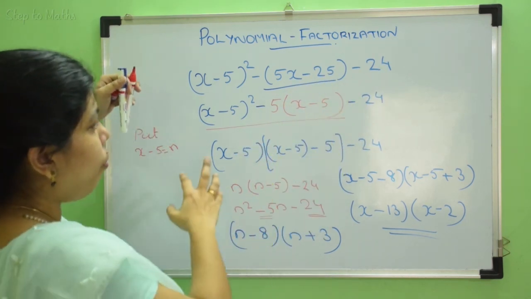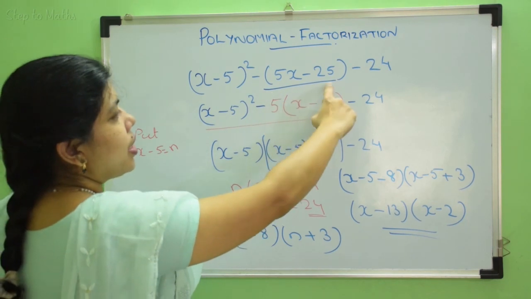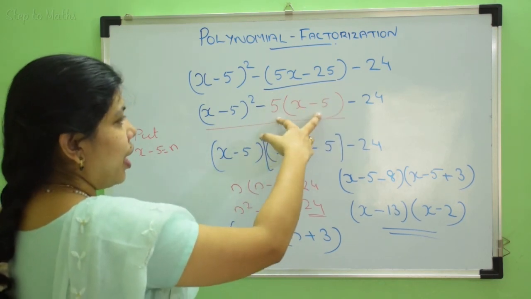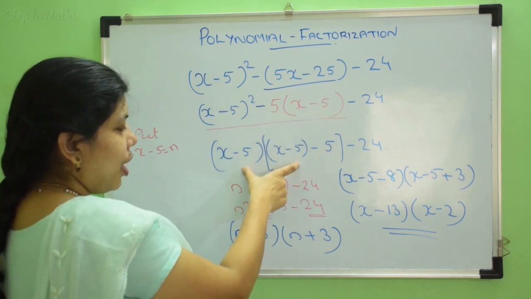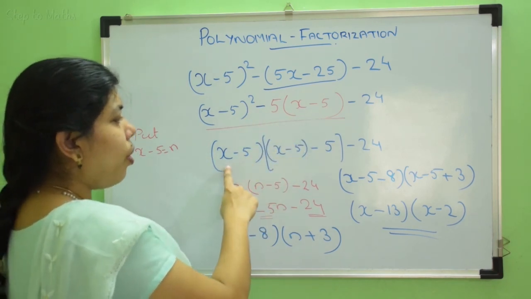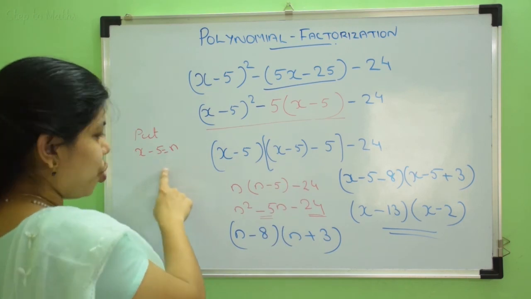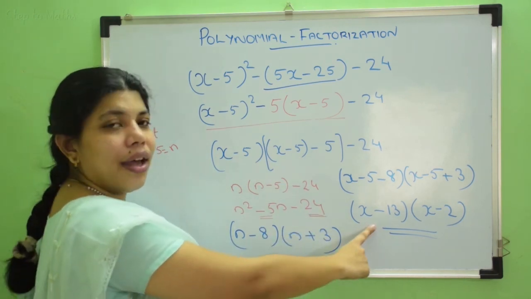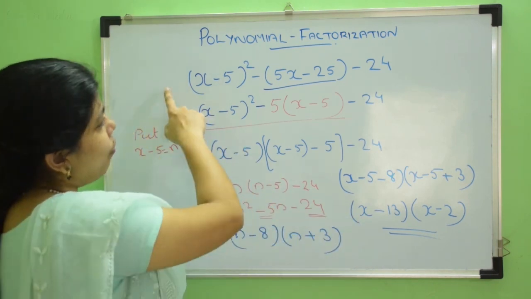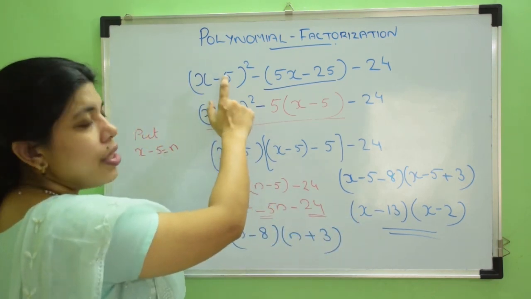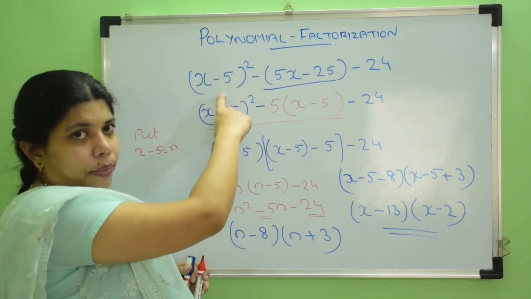Here what we performed: the second term is rewritten, and then there is a common factor. Take the common factor, and for that make some substitutions and find the factors. In this way we find the factors of this given polynomial.